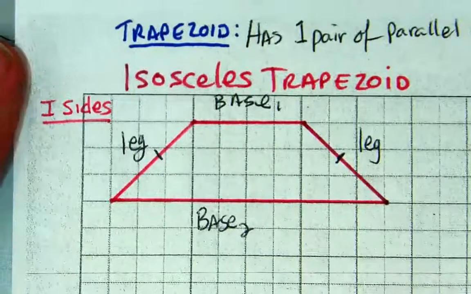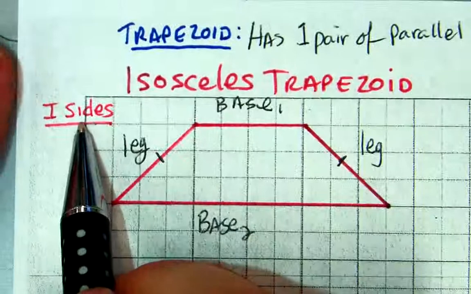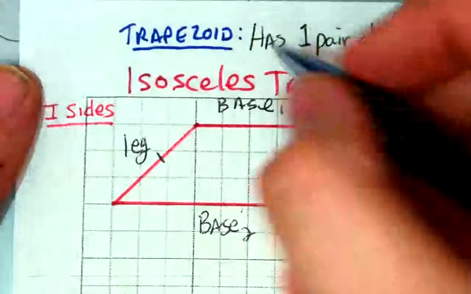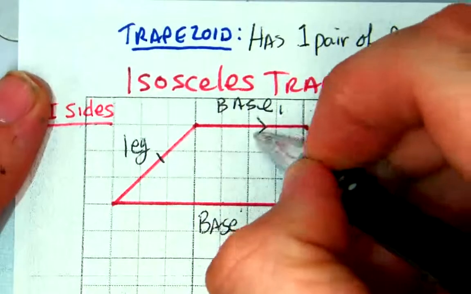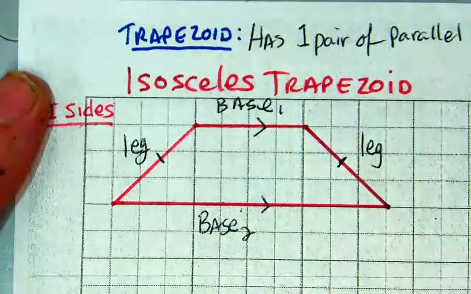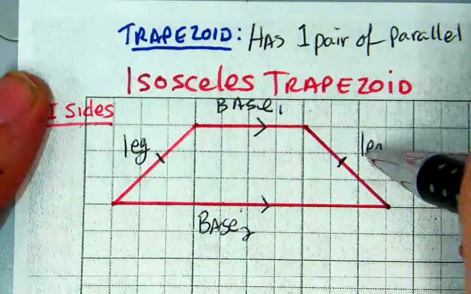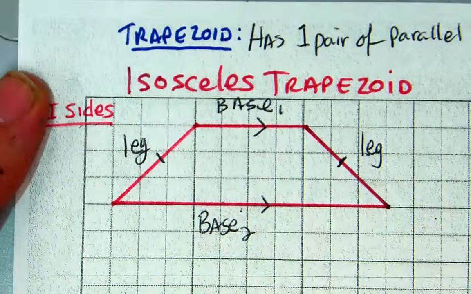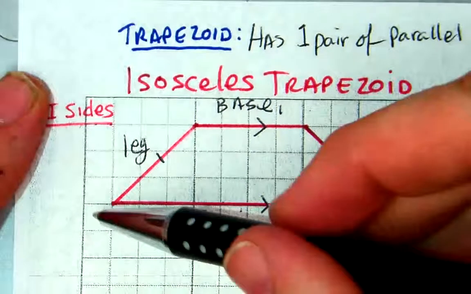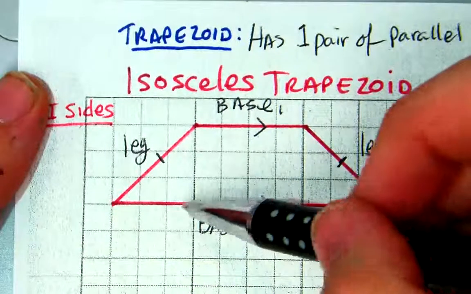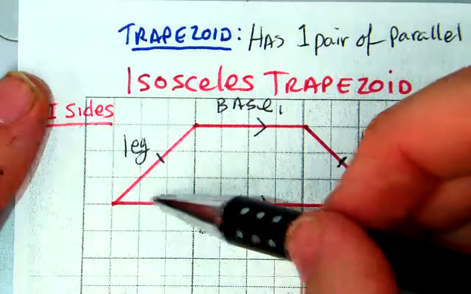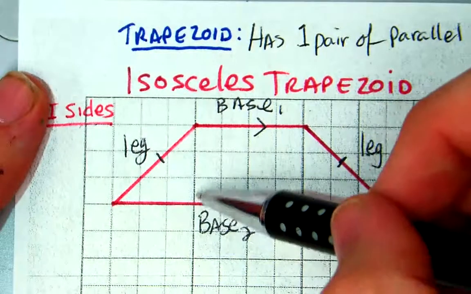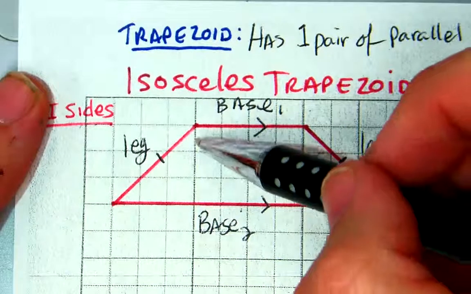So, if we're dealing with just the sides, you have base 1 and base 2. The bases are parallel. The legs are congruent. And if you really wanted to see why, take a look. 1, 2, 3 boxes. 1, 2, 3 boxes.